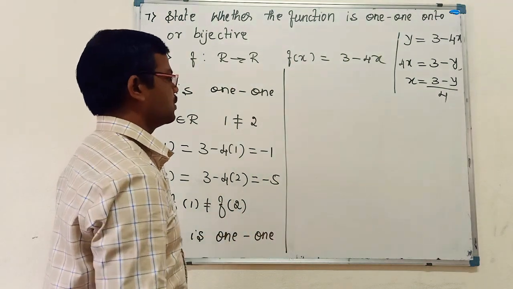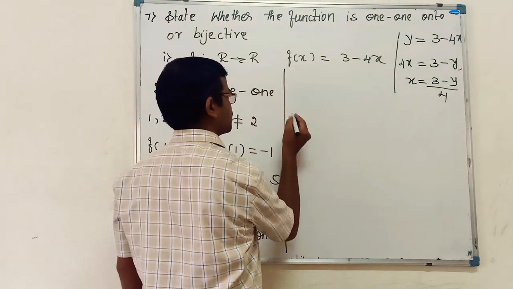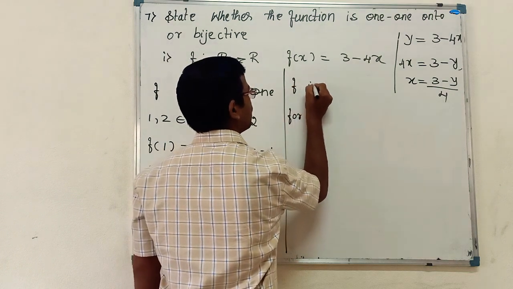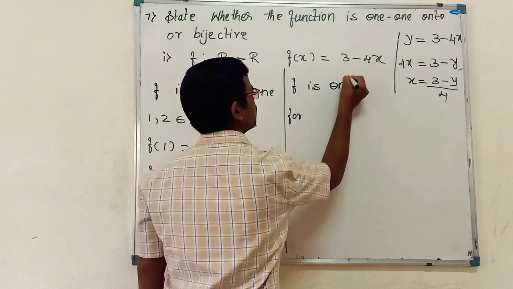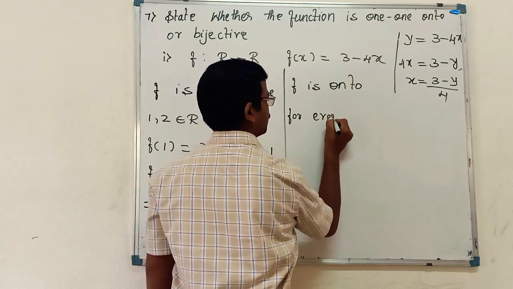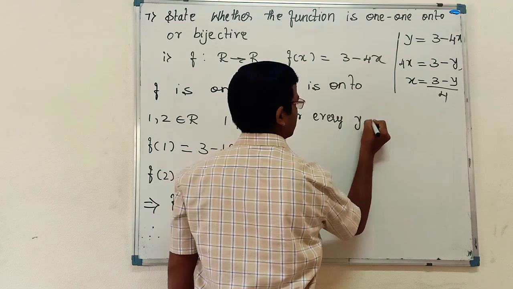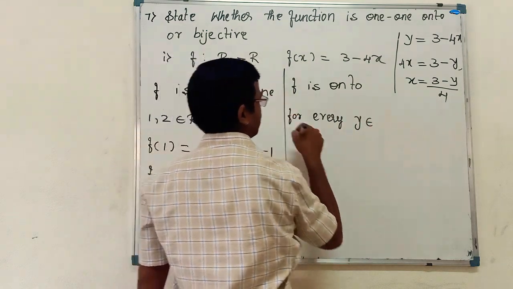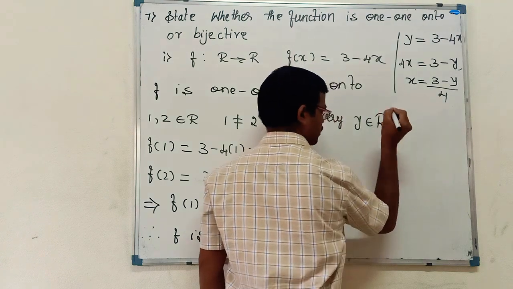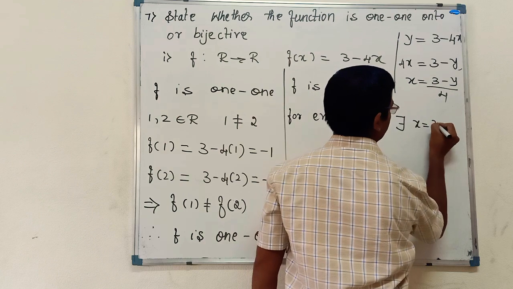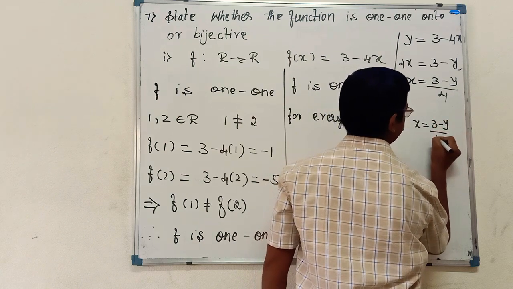Then we have to use the first definition for an onto function. For f to be onto, for every y belongs to the codomain, what is the codomain? Real number. There exists x equal to (3 minus y) divided by 4.